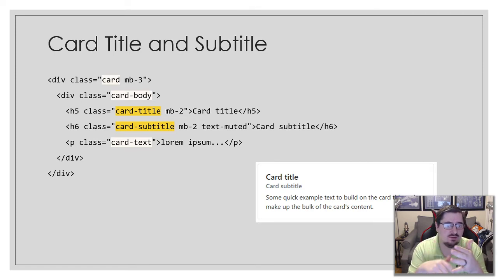So if I didn't change that, then the card title and subtitle would actually be pretty far apart. So that's why we're setting mb-2 there. And then you'll also notice we're setting text-muted on the subtitle, and that's what's making it more muted. That doesn't come out of the box. Those are things that we typically have to add to our cards.